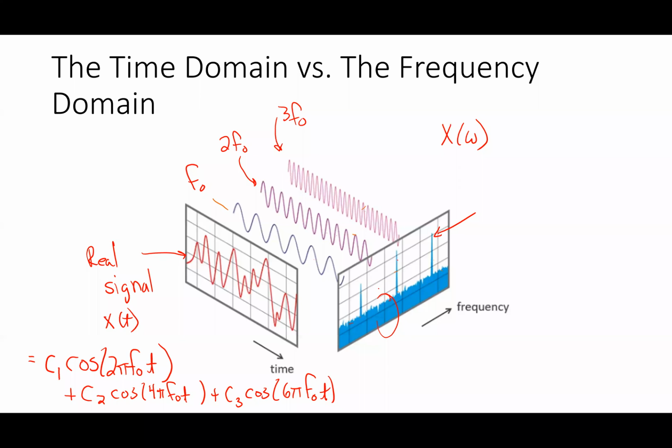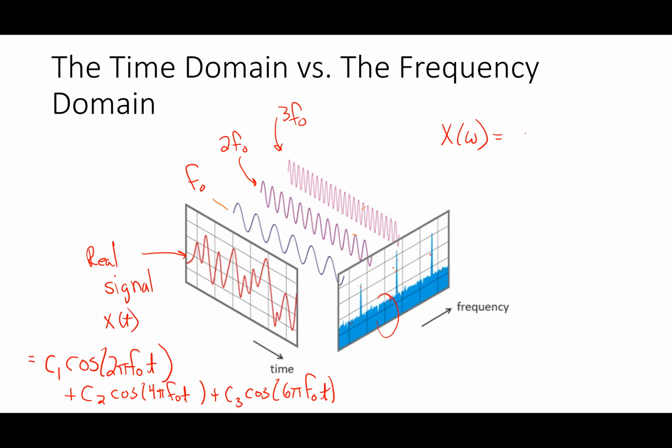But what are these 3 things? I'm making a graph of what I have in the frequency domain, so frequency is my x-axis. What did I say I had in this frequency domain? I have impulses, right? So I have impulses at the locations where I've got stuff.